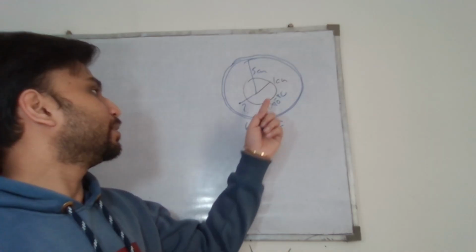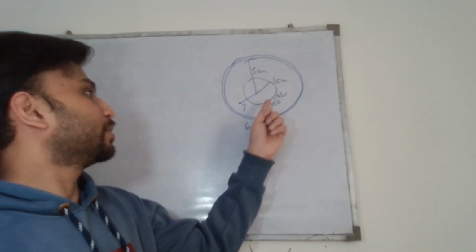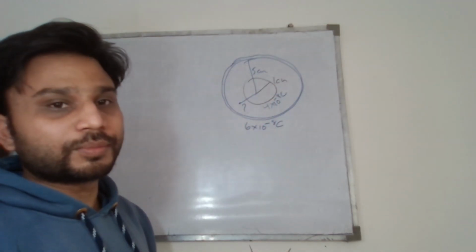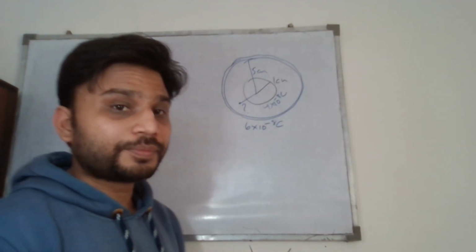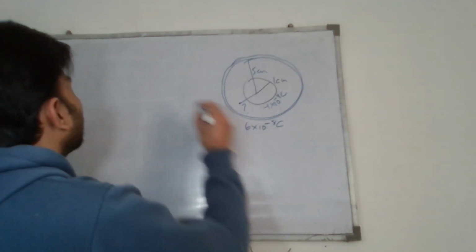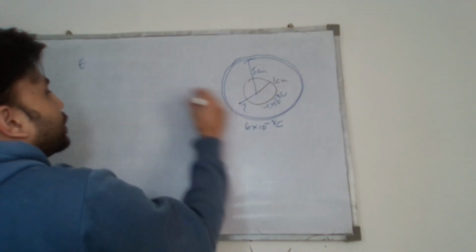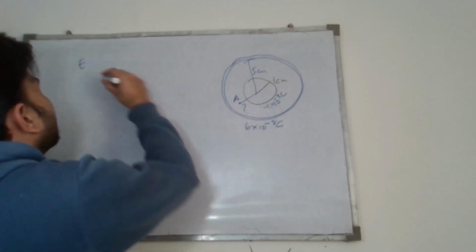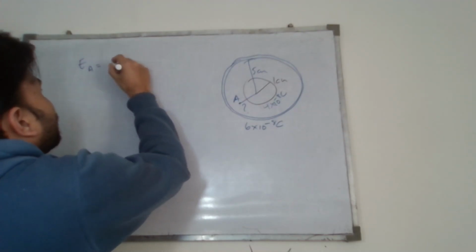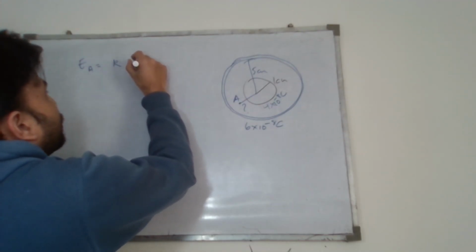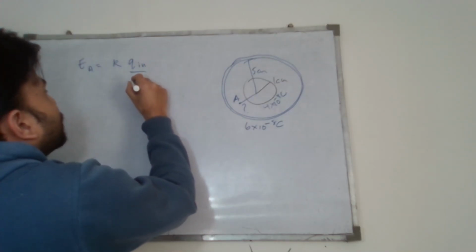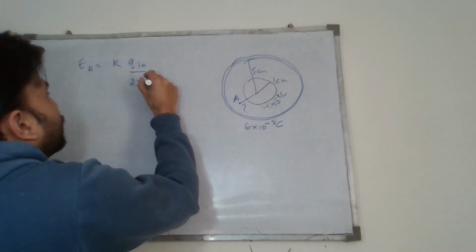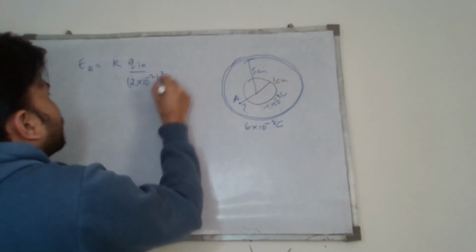Whatever electric field is because of this sphere, only that will be counted at this point because outside charge does not count. So electric field at inner point, let's say this point is A, at A simply K Q divided by the distance that is 2 centimeter squared.